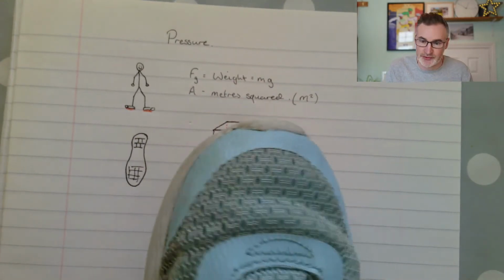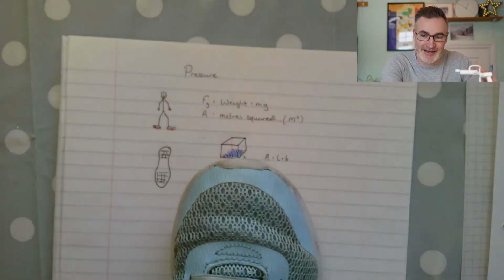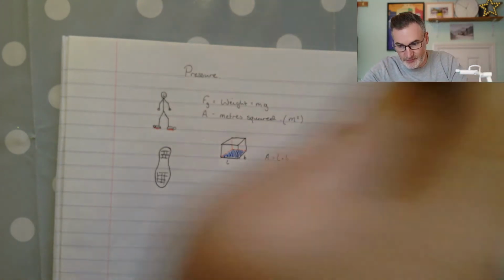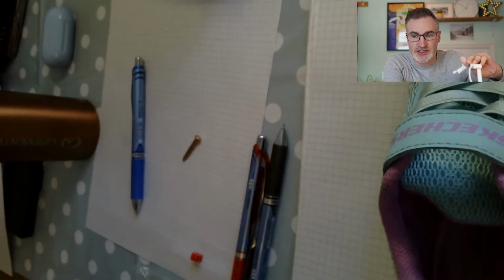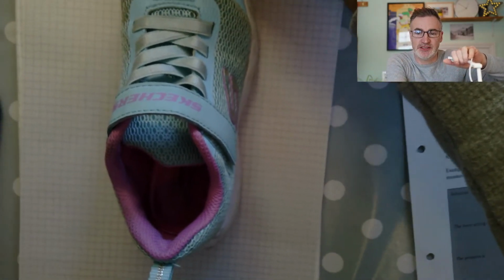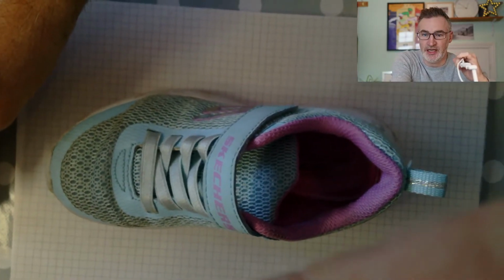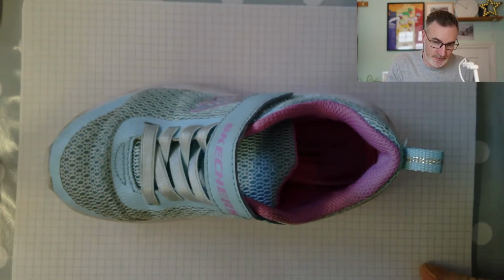I got a small shoe rather than one of my own shoes simply because it makes it really easy. If I get a sheet of A4 paper, my child's shoe fits really easily on it.